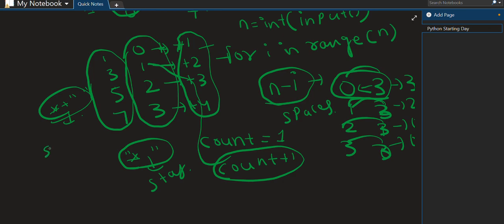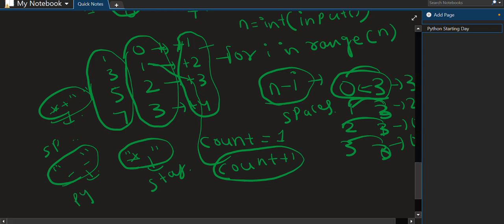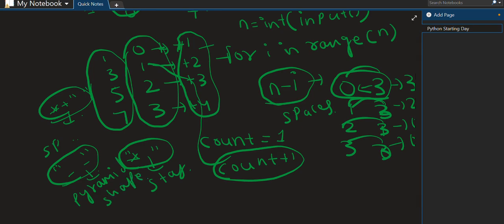That's why in space we have to take double space. If you take double space, it will give a pyramid shape. Are you getting my point? Let's do it.